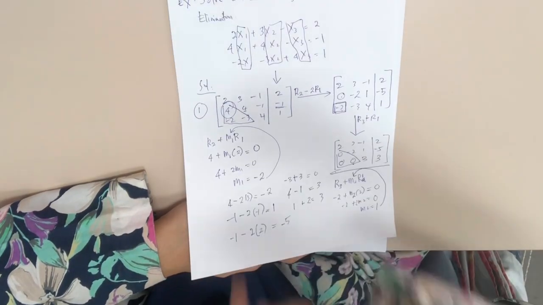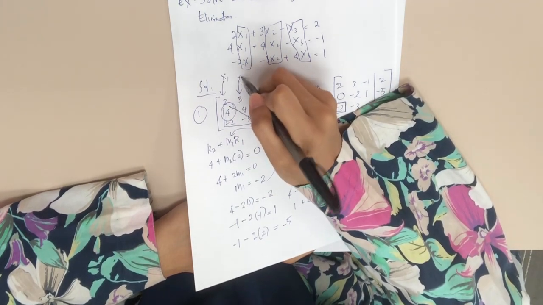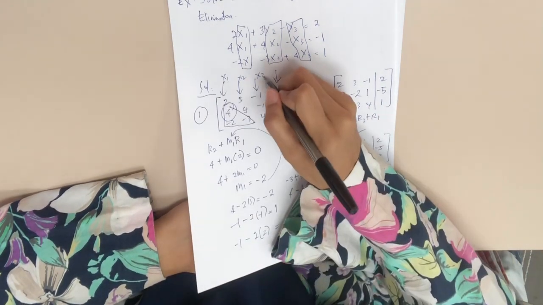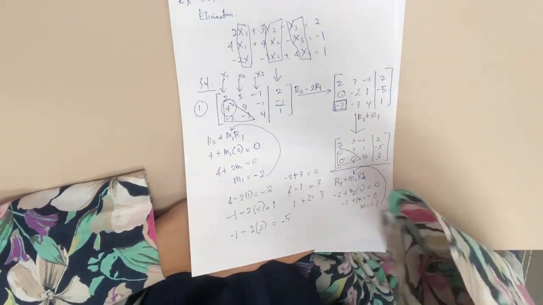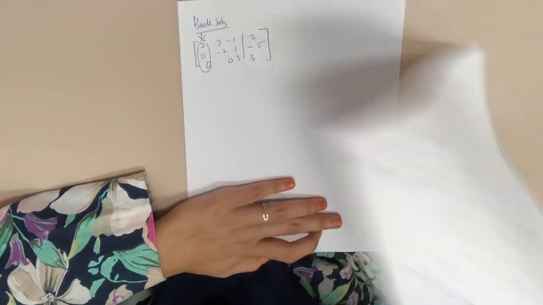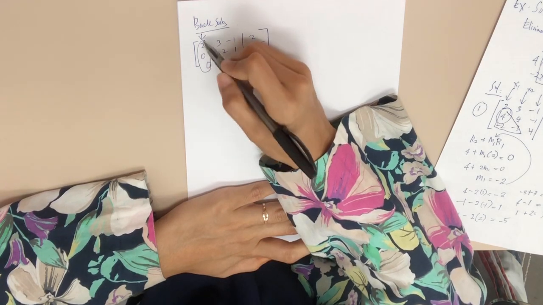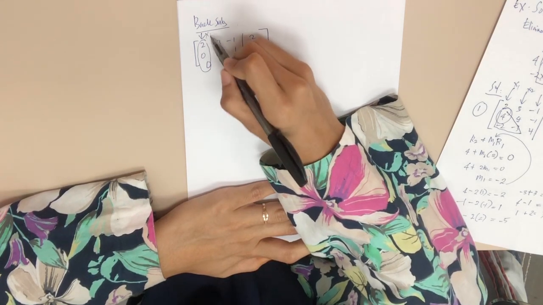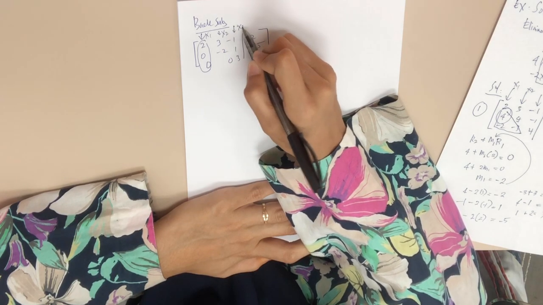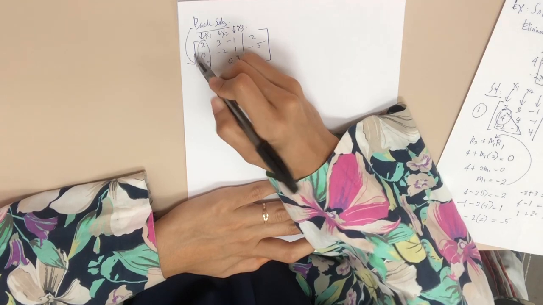So column 1 is x1, column 2 is x2, column 3 is x3. Here is the coefficient for x1, here for x2, and here for x3. What we mean by backward is we start first with the last row.